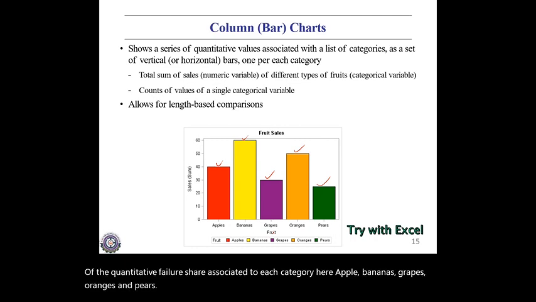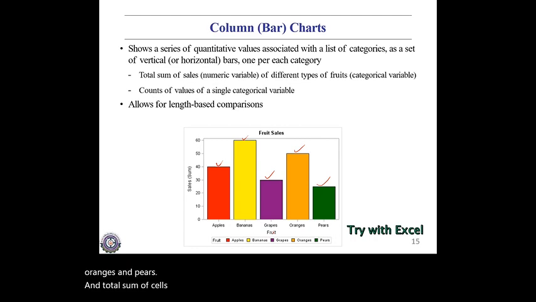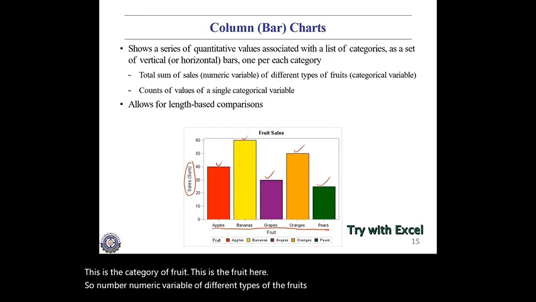And total sum of sales. So this is sales. This is the category of fruit. This is the fruit here. So numeric variable of sales, and different types of the fruits are the categorical variable.